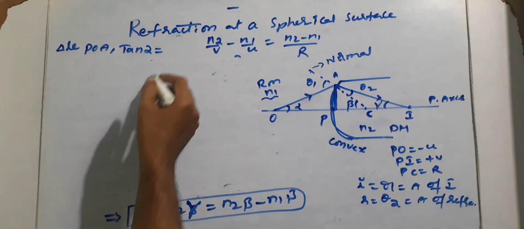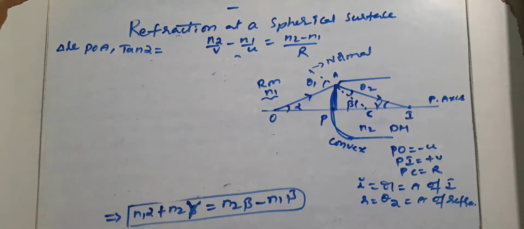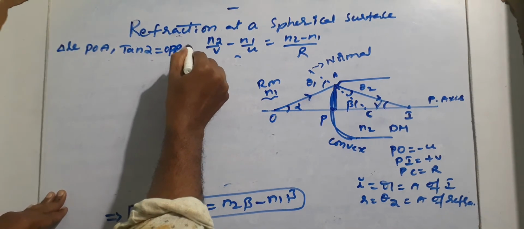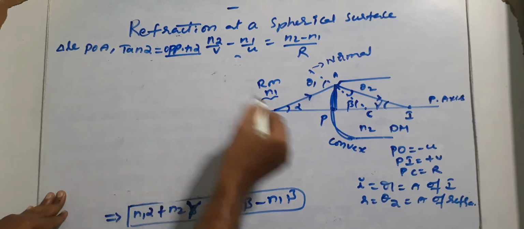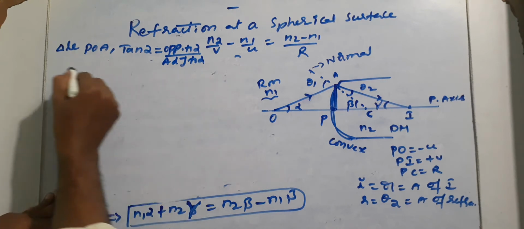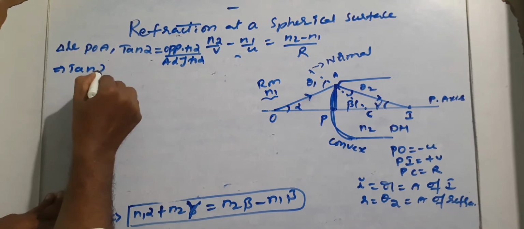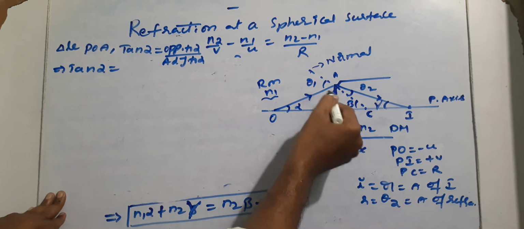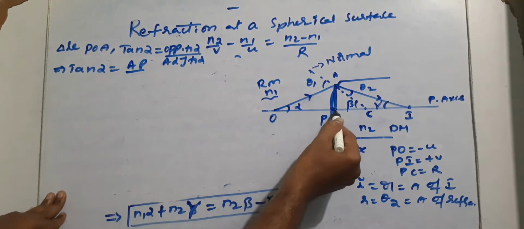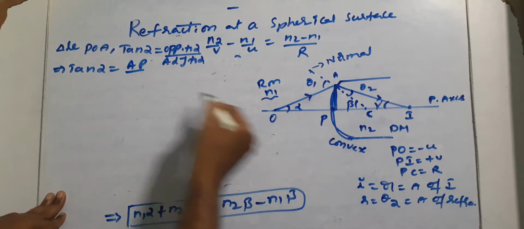Tan alpha is, from trigonometry, tan theta in a right angle triangle: opposite side to this angle by adjacent side, that is opposite side to alpha by adjacent side to alpha. This implies tan alpha equals opposite side to alpha, that is this side AP, and adjacent side is PO.